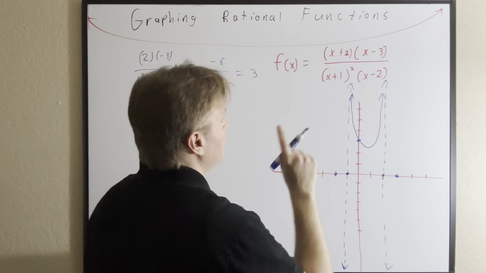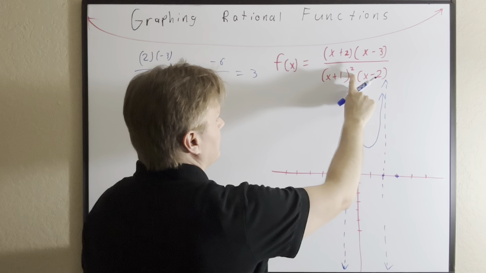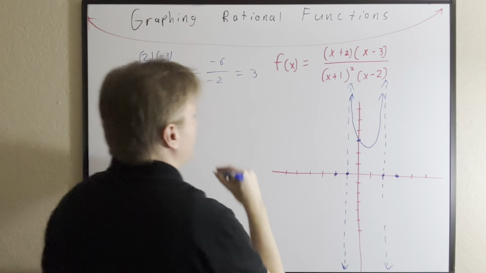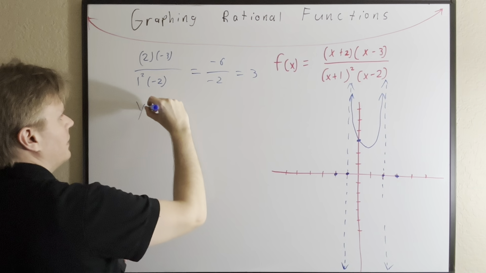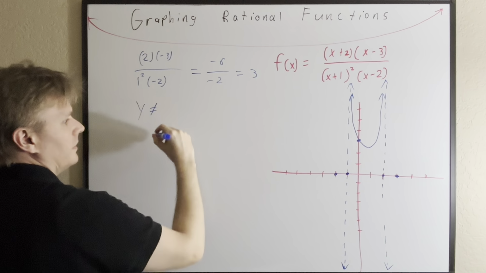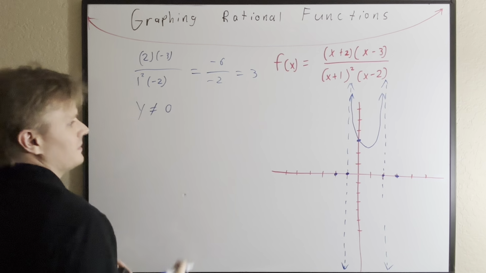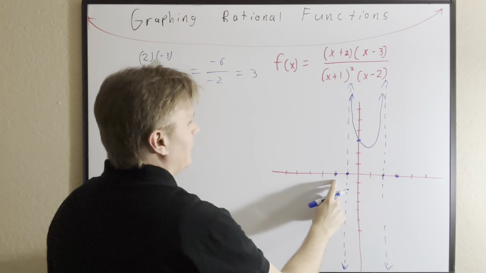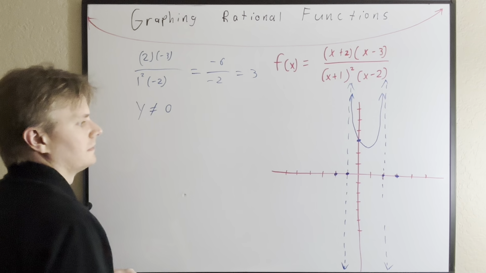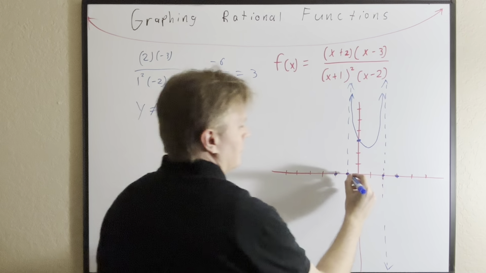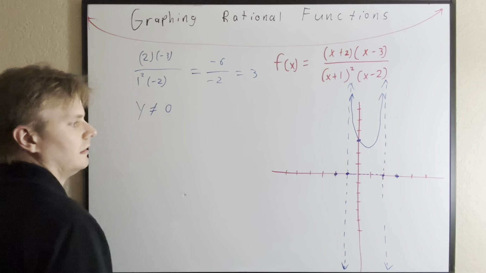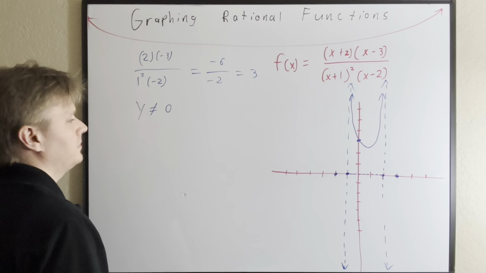Do we have a horizontal asymptote? The degree in the denominator is larger. Whoa, so our horizontal asymptote is y cannot be 0, except we have these x-intercepts clearly.